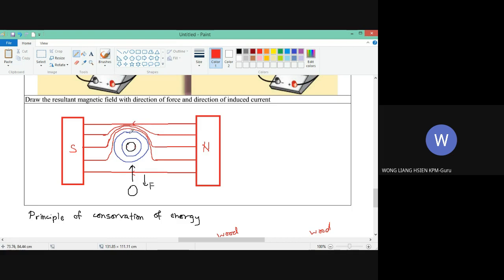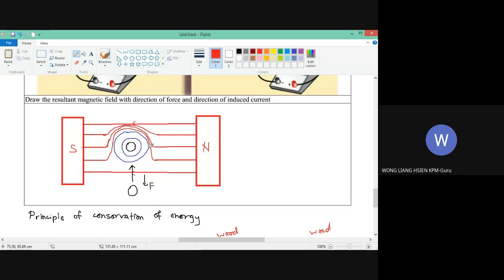You see, here is a stronger magnetic field, here a weaker magnetic field, so it can produce a force in this direction. The stronger magnetic field pushes towards the weaker magnetic field. That means it produces a catapult force in this direction. Can you see or not? So this is how the opposing force is produced.